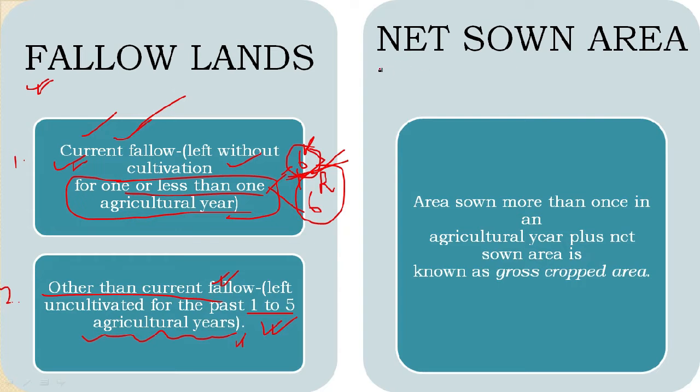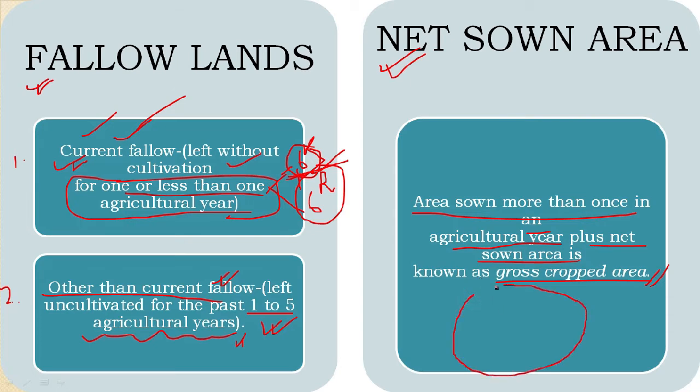Now let us move to the net sown area. Area sown more than once in an agricultural year, plus net sown area, is known as gross cropped area. So we also see that this is gross cropped area.